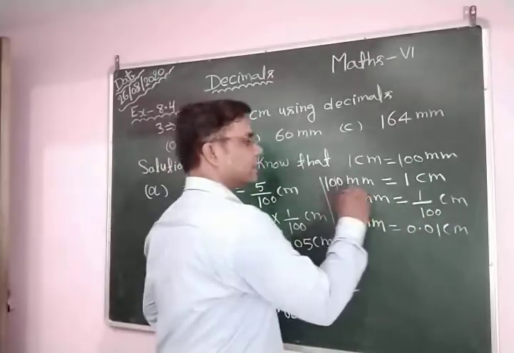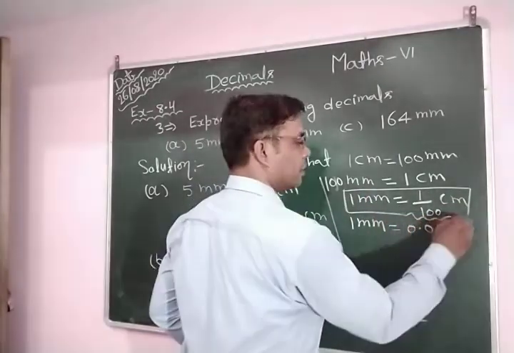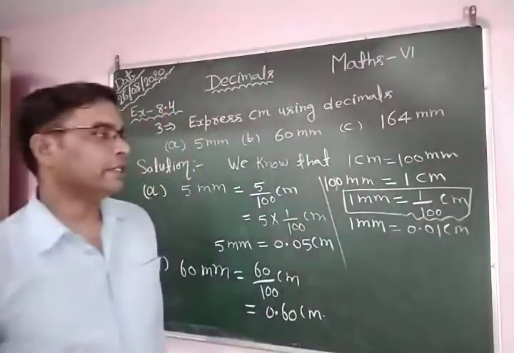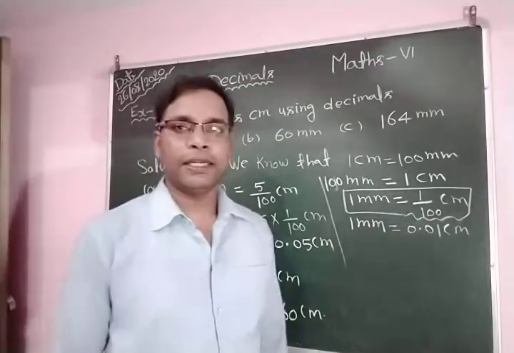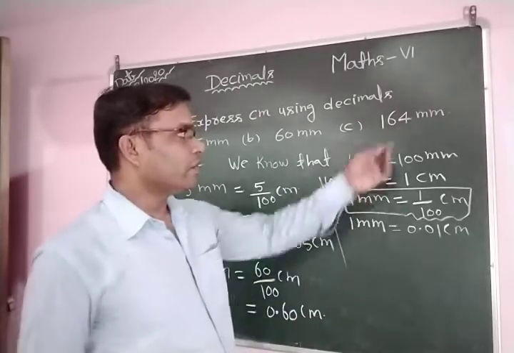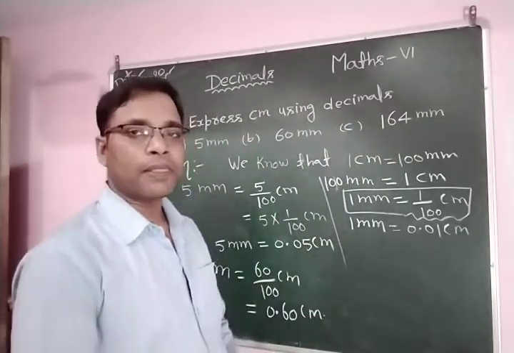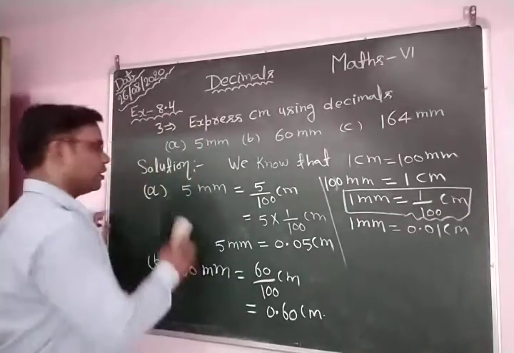We use this formula. So let's see how we convert 164 millimeter in centimeters.